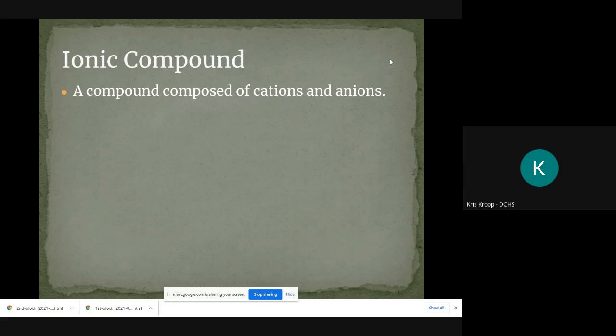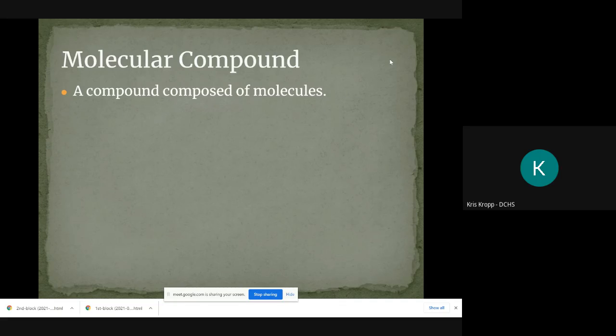In contrast to that, we have molecular compounds. Of course, the definition is that they're composed of molecules, but since we just talked about molecules, we understand that means there's covalent bonds between the atoms. So atoms are sharing electrons.